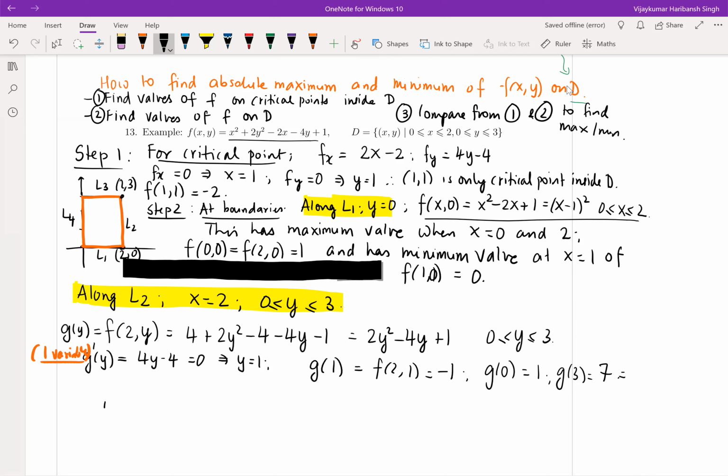So what is the largest value here? The largest value is g of 3 and the smallest value is g of 1. So the values of importance for us are f of 2, 1, which is negative 1, and f of 2, 3, which is 7.